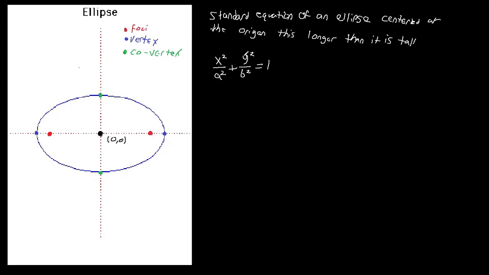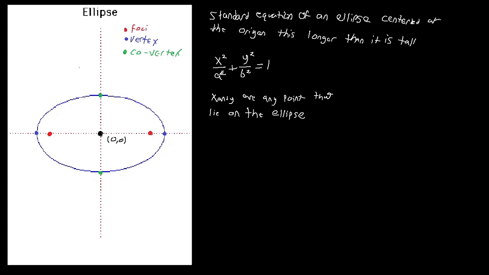So these are just an algebraic expression of any point that lies on this ellipse.